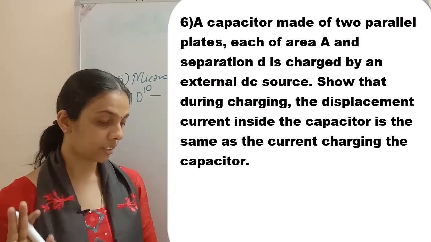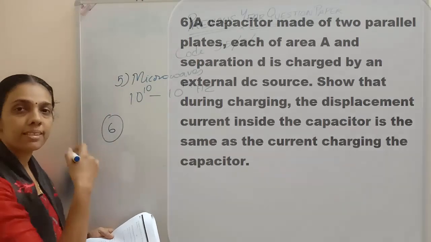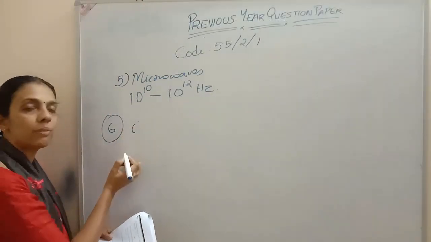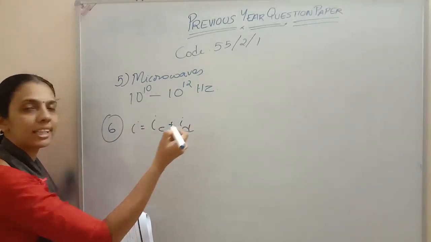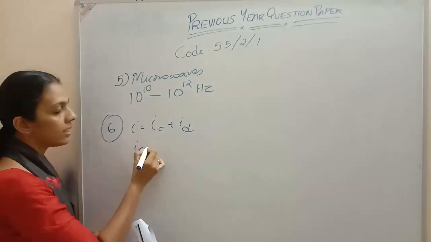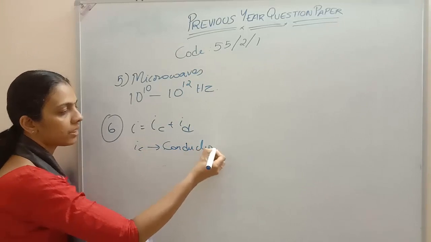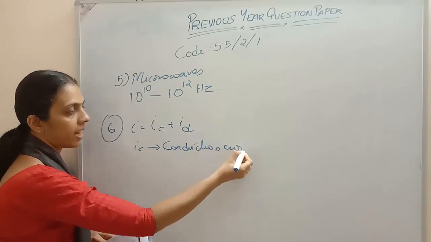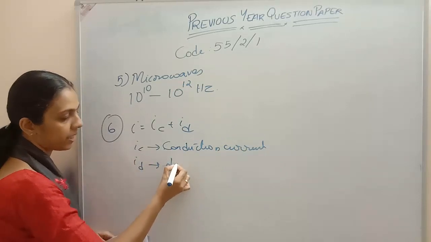A capacitor is there, so current is produced due to the capacitor and the displacement current, isn't it? IC is the conduction current, and ID is the displacement current, right?